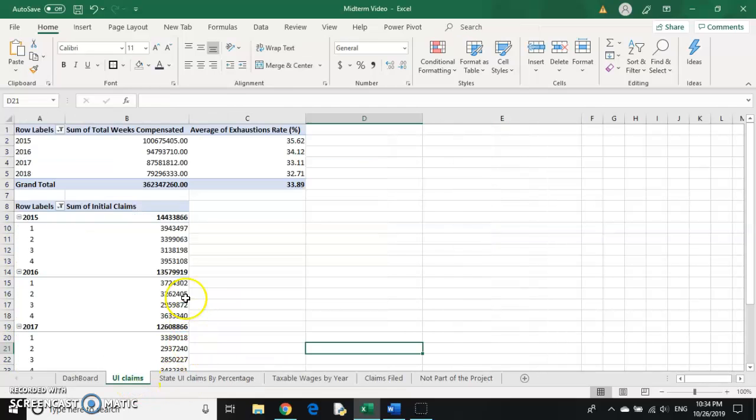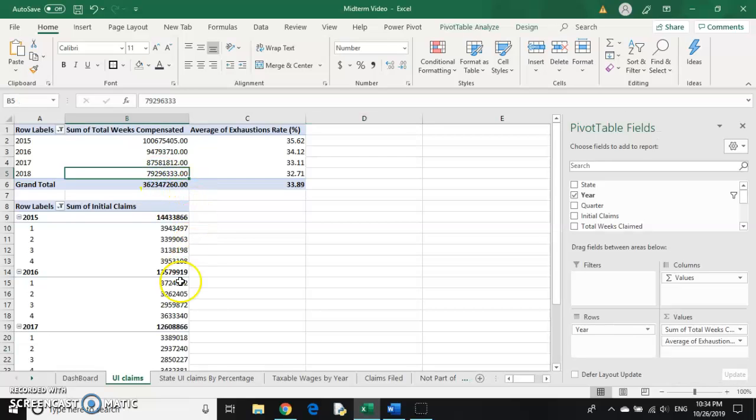So let me show you here. These are the UI claims pivot tables. This is the first pivot table, where I use years against the two categories I selected. One is total weeks compensated, and the other is average of exhaustion rate.